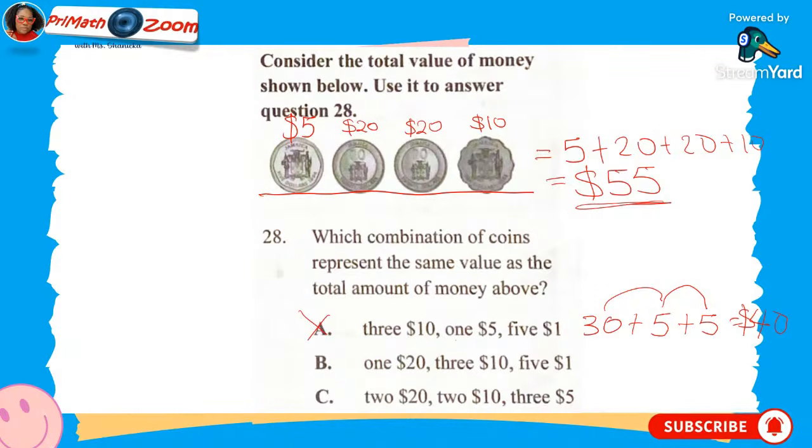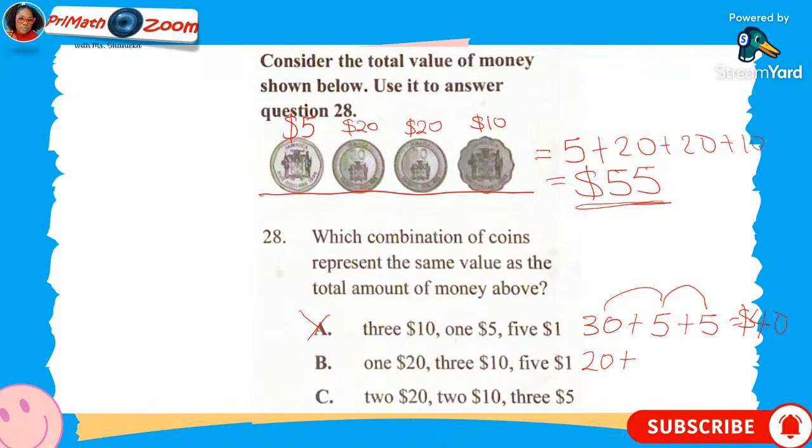Let's check out B. One $20 is equal to what? Help me out again in the chat, guys. Thank you for helping me with the first one. Help me out again here. One $20 would be equal to what? Just $20. Thank you. Three $10 would be equal to what?